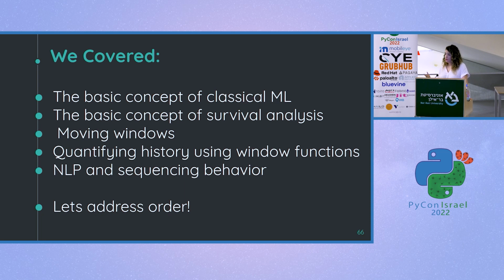We talked about NLP and how to apply the concept of TF-IDF in order to sequence the behavior of users, in order to weight events, and two ways to apply it. And we didn't address the order of the events. We just converted them into weights and into arrays. And while some models do take into account the order inside arrays, some models have a hard time dealing with those kinds of features.